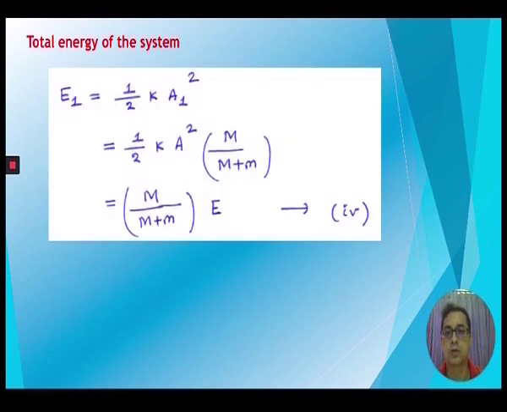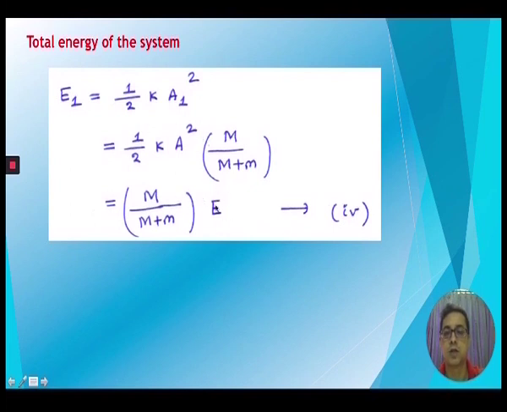Now consider the total energy of the system. Total energy of the system is what? Half k A1 square, right? So we have found out what A1 is. Already we know that half k A square, capital A square, is the energy of the initial system, when the small mass m was not put.